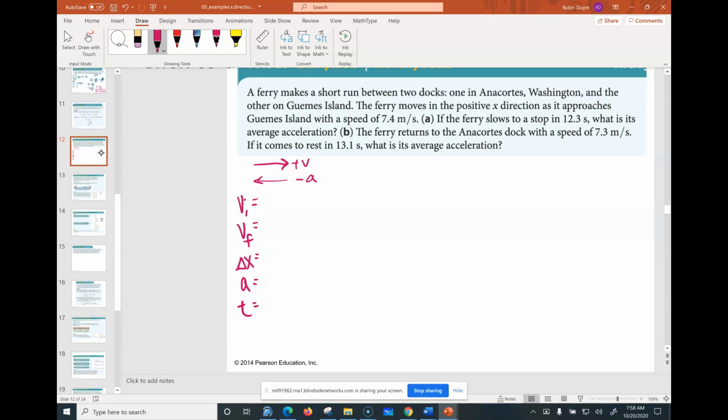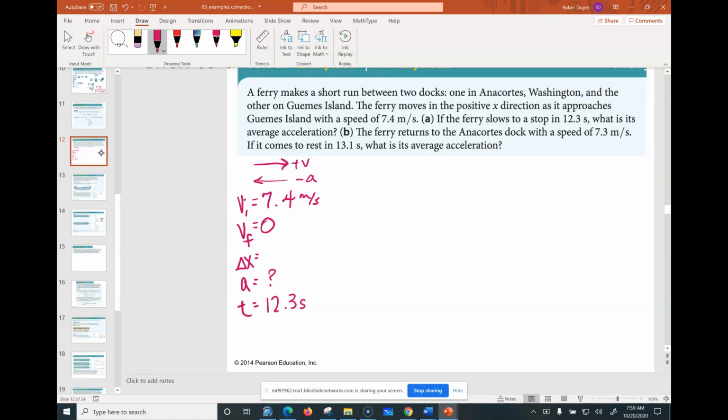So these are the key words. Slows to a stop should indicate what? Yeah, so your final velocity is 0. So pop a 0 in here, which means that my initial, when I start my stopwatch, is 7.4 meters per second. We want to know the acceleration if that happened in 12.3 seconds.